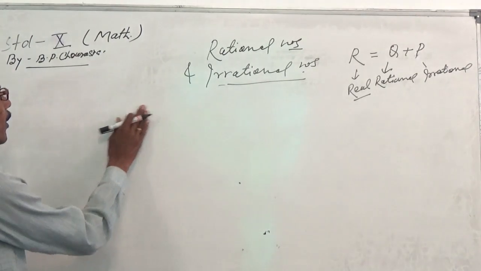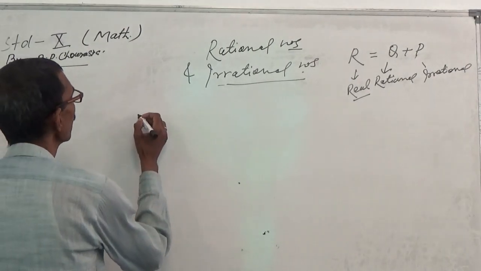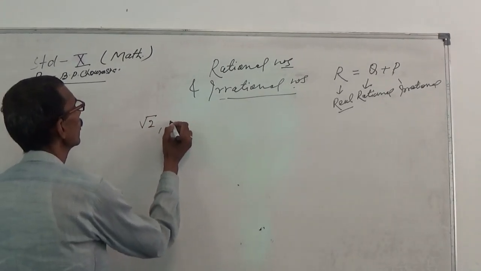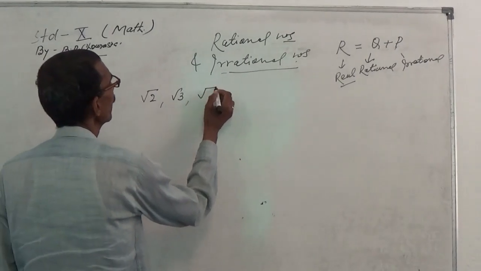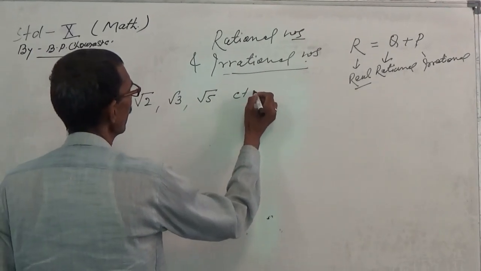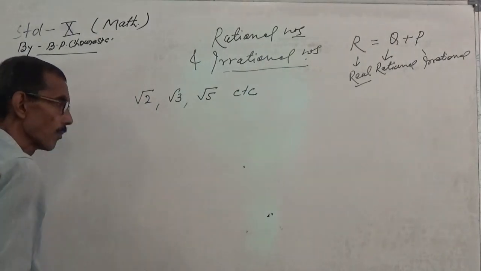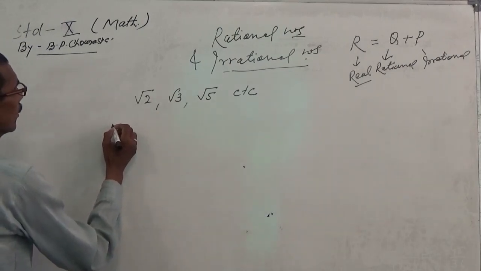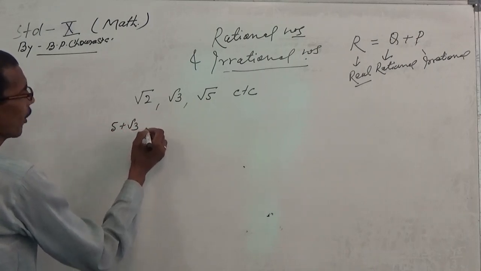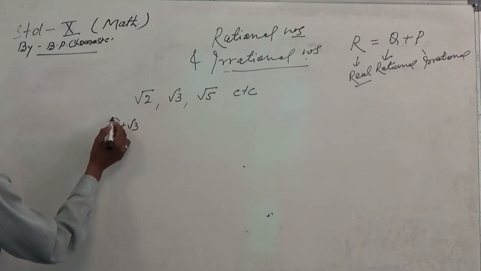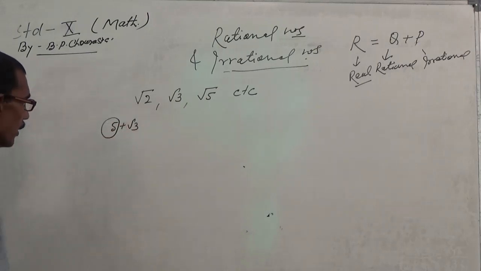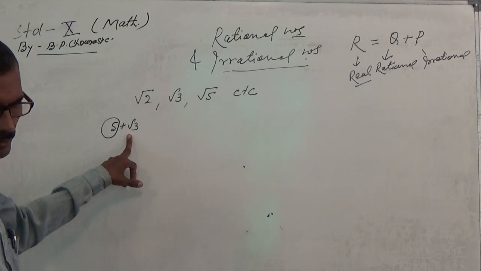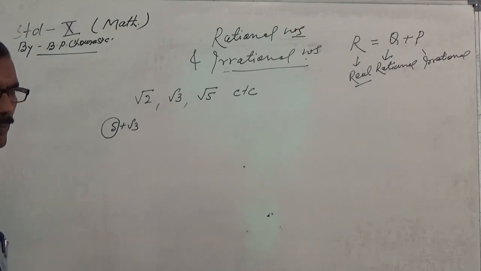But numbers which are neither terminating nor repeating, such as root 2, root 3, root 5, etc., are irrational. Also, a mixed number like 5 plus root 3, where one part is rational and the other part is irrational, is also an irrational number.